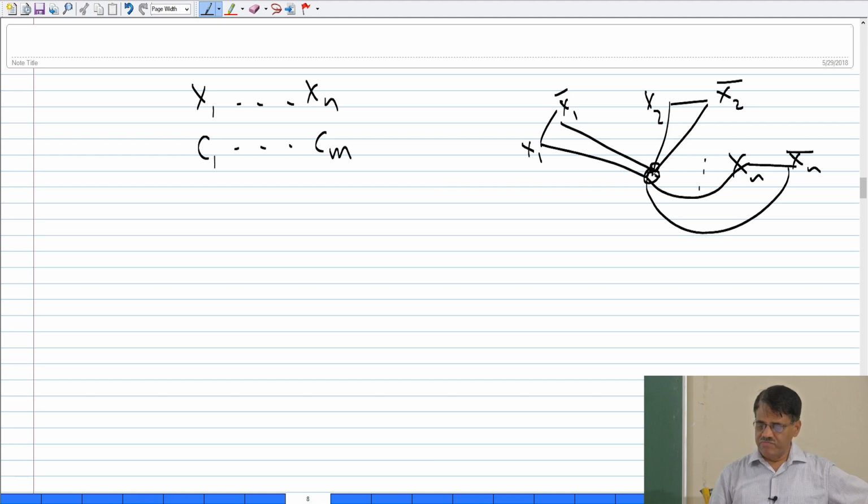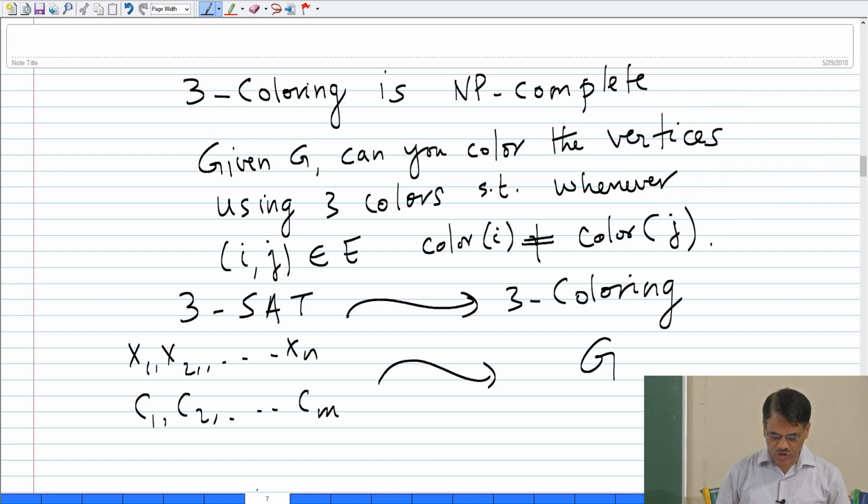Clearly, this is 3 colorable, right? But the important thing I want, see, what is my goal? The goal is that f is satisfiable.